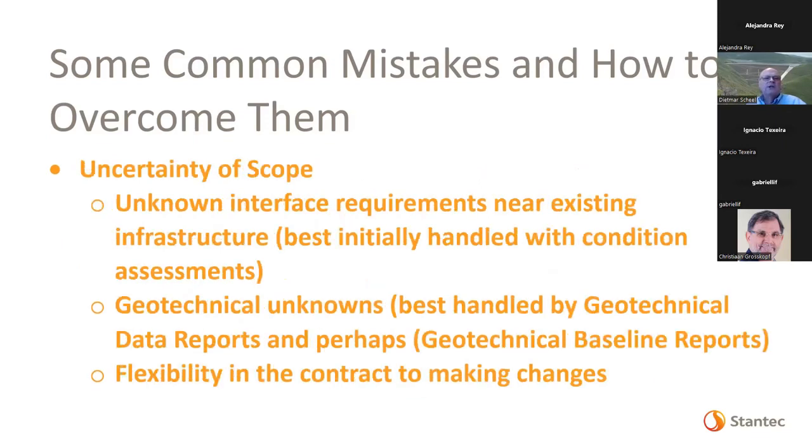Uncertainty of scope. You need to make yourself absolutely clear. Again, I discussed enough about powerhouse rehab projects and getting things like unknown interface requirements near existing infrastructure. You definitely want to have a condition assessment and a game plan. What happens?